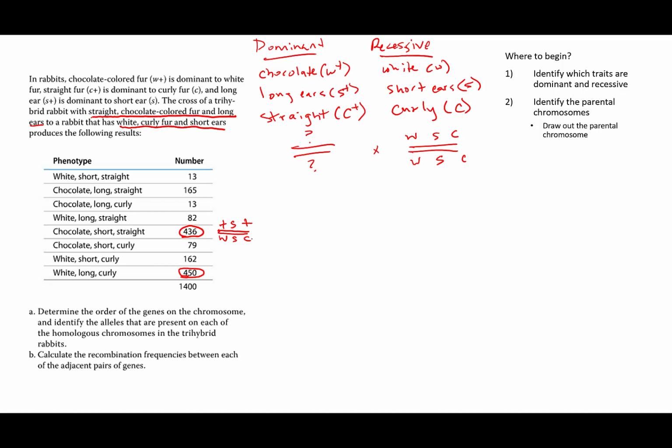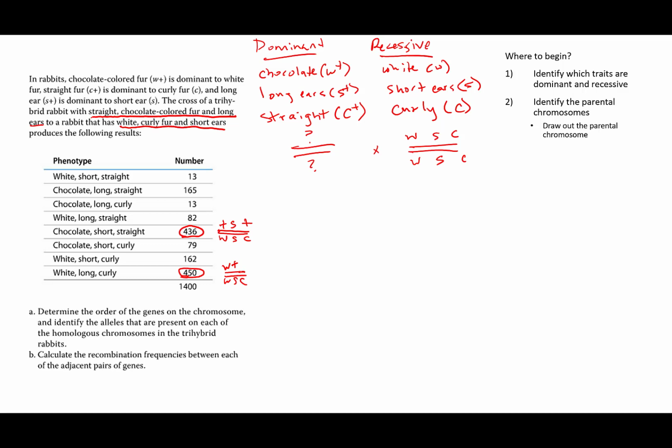Likewise, I would do this down here. Okay, in order to be white, that's a recessive trait, so I would have to have the recessive allele. In order to be long, that's a dominant trait, so I would be wild type here.